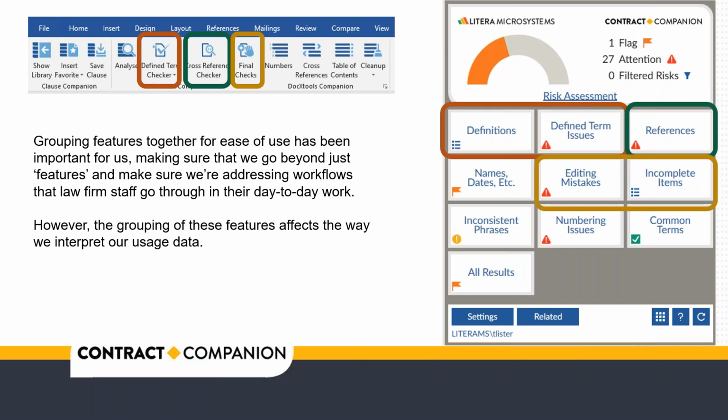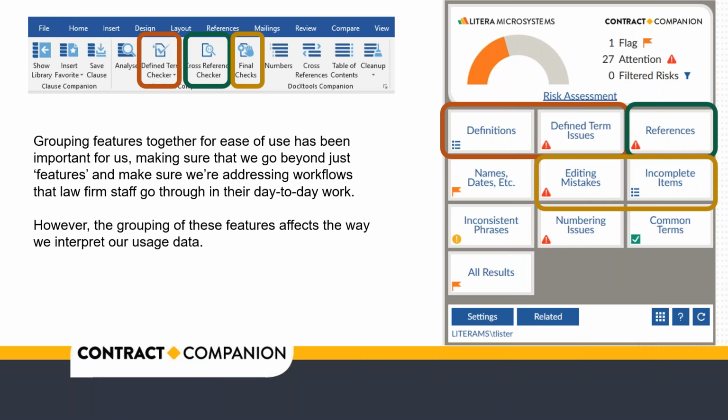And then final checks, editing mistakes and incomplete items, making sure that they're aggregated and they can be checked as well. So this is a very brief introduction to the concept, but ease of use has so much of an effect on the function of a product. They're almost fused in terms of this argument between the two of them.